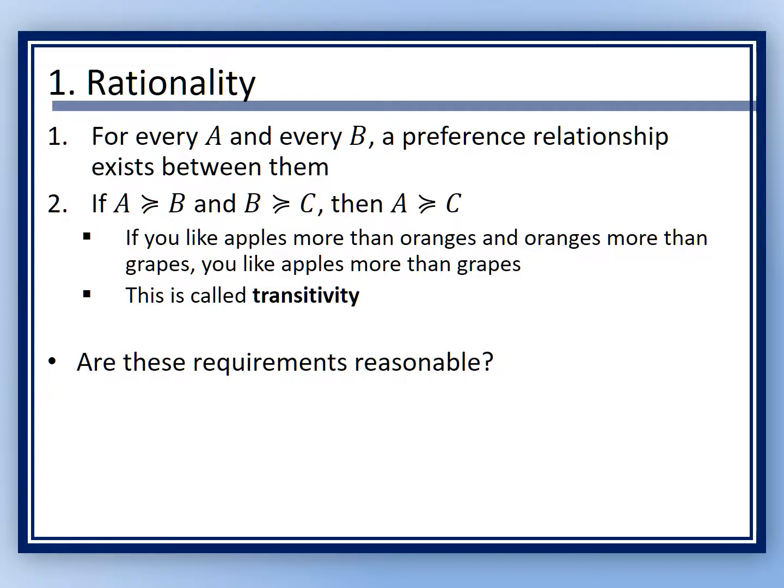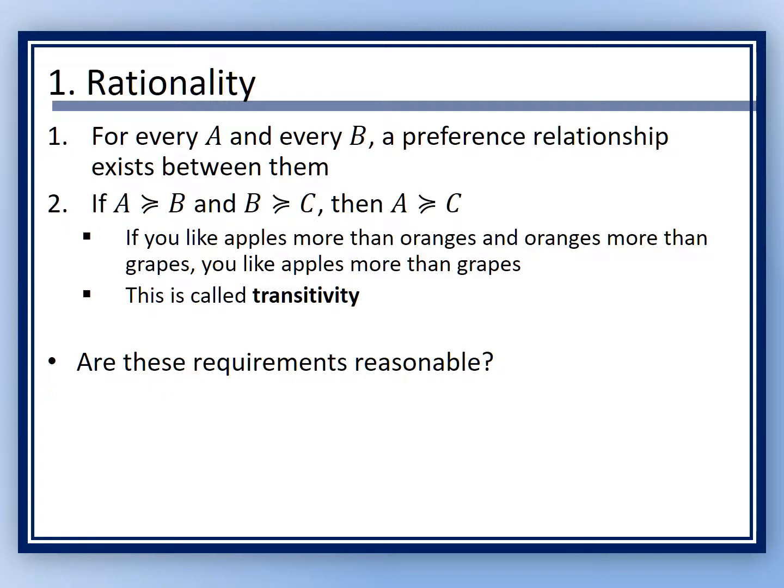Sometimes I like A more than B, sometimes I like B more than A. Right? Because you have one definite relationship. Either I like apples or I like oranges. You won't switch back and forth. And you have some consistency in what you like because of transitivity. You like apples more than oranges, you like oranges more than grapes, then you like apples more than grapes. At least that's the idea.